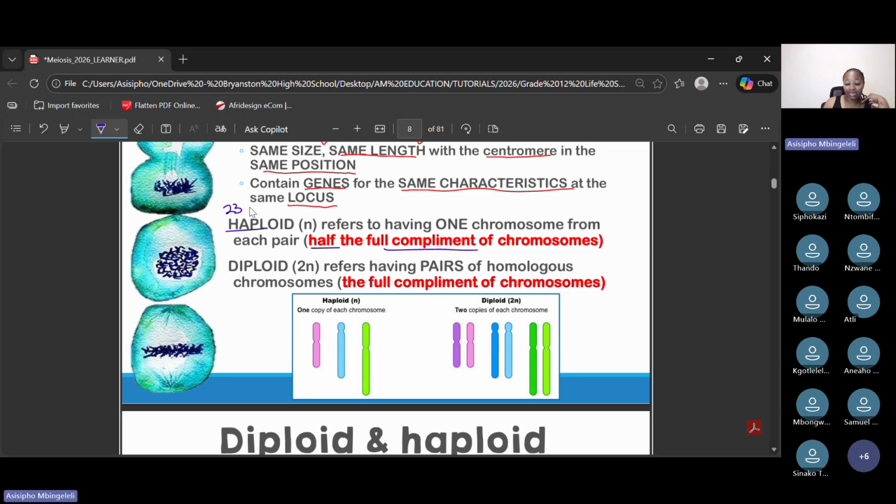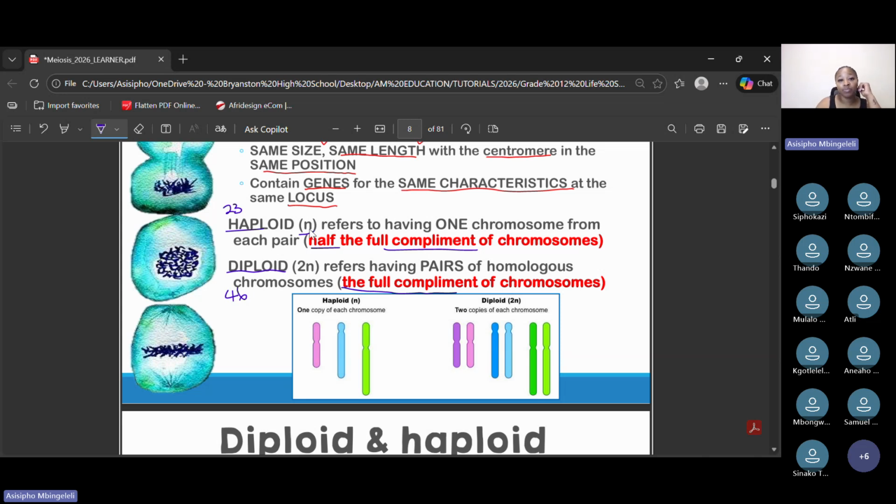Now a diploid refers to the full set of chromosomes, having pairs of homologous chromosomes. You're having a pair of chromosomes, 1 from the mother, 1 from the father, and you're having the full diploid complement of our chromosomes, which is 46. In the notes, this will be referred to as n and 2n. n is for haploid, you have half the number of chromosomes.